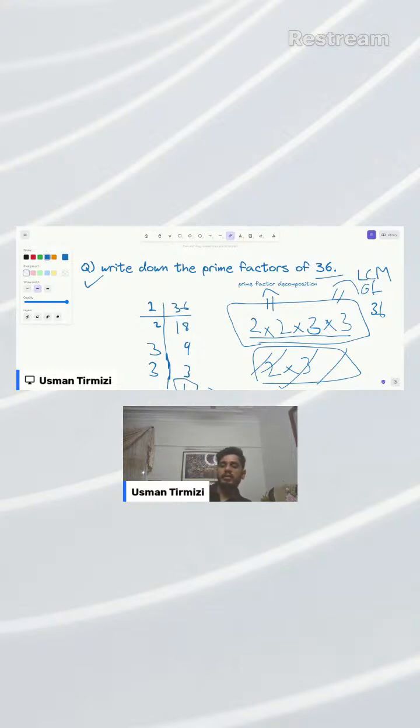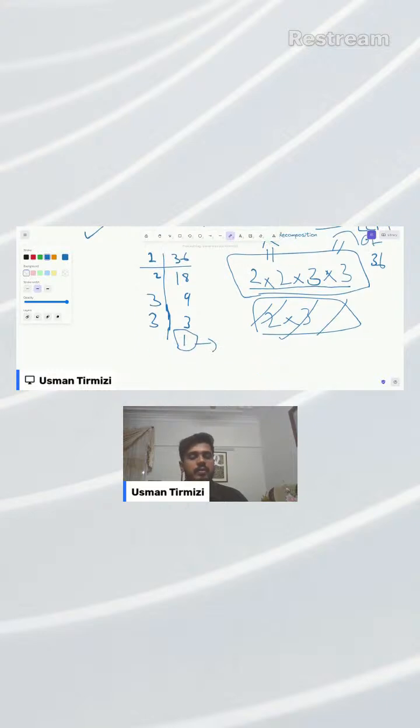So we divide 36 with 2, we get 18, right? And then we further divide 18 with 2, we get 9. Now, what do we do? We divide 9 by 3, so we get 3. And then we divide 3 again, and we get 1 in response.